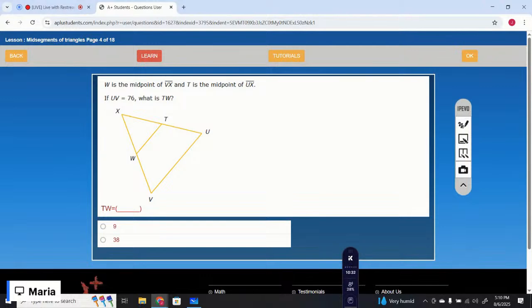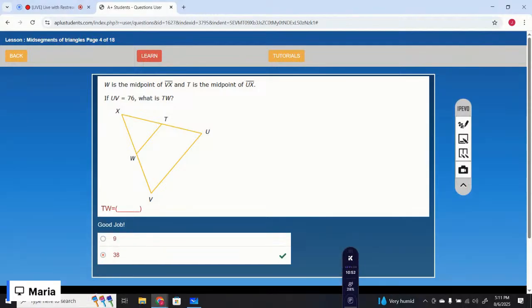TW is half of UV, right? So that equals 38. Option number 2 is the correct option.